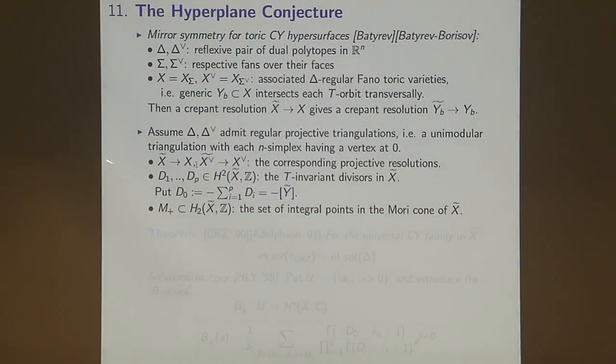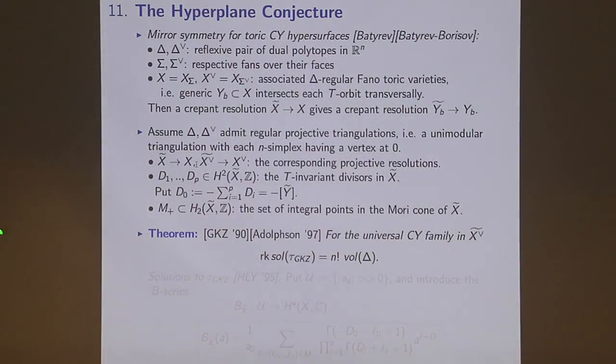I denote the T-invariant divisors of X tilde as D1 to Dp, and I call their negative sum D0. That turns out to be just the anti-canonical divisor of X tilde. Let M plus be the set of all integral points in the Mori cone of X tilde.